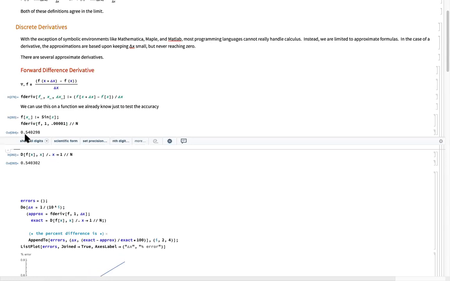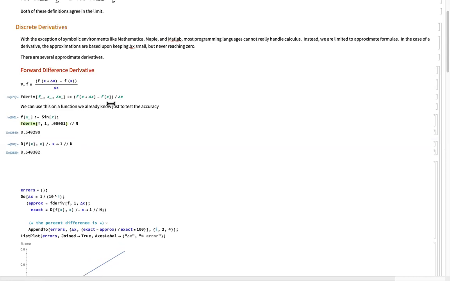It evaluates to 0.540298. Good. Whereas using Mathematica's built-in calculus tools, the exact answer, to this many digits anyway, is very close. And if I made my delta x even smaller, I bet I get even closer.